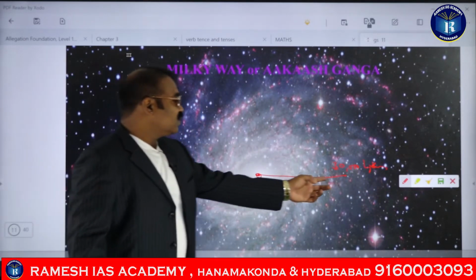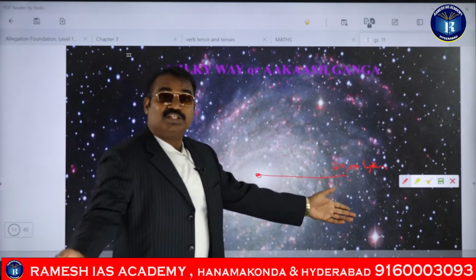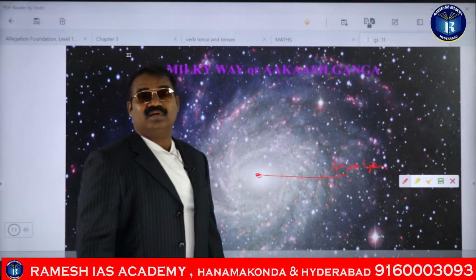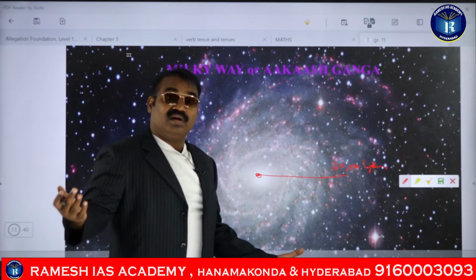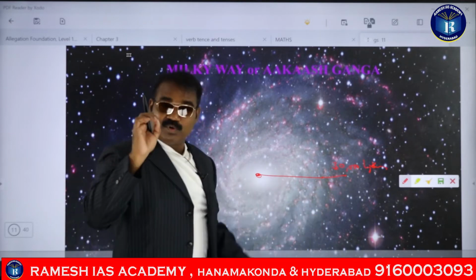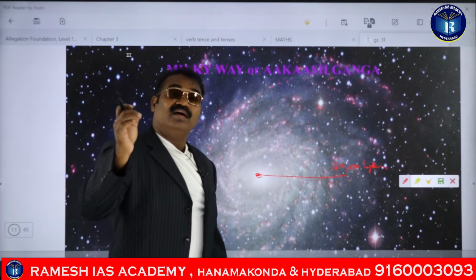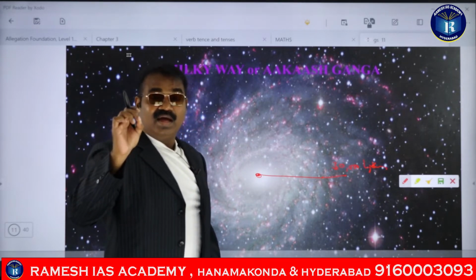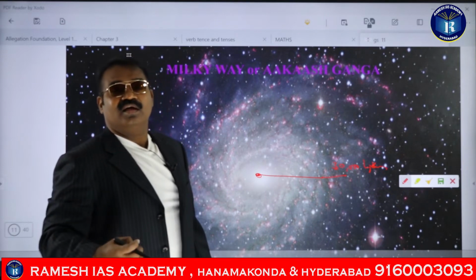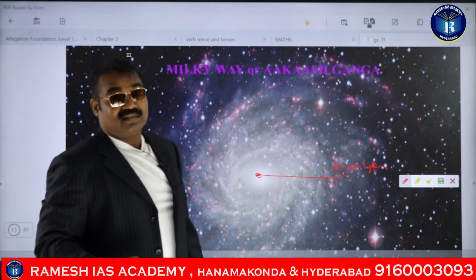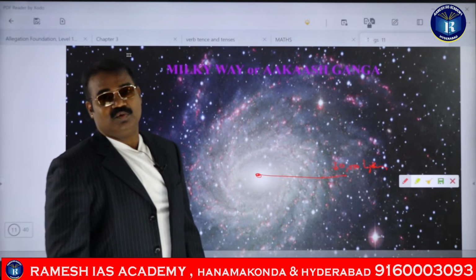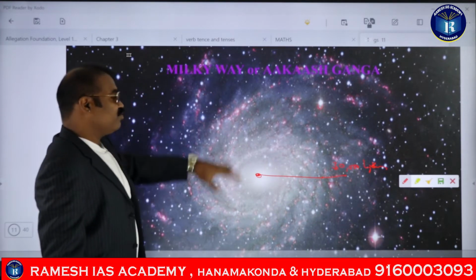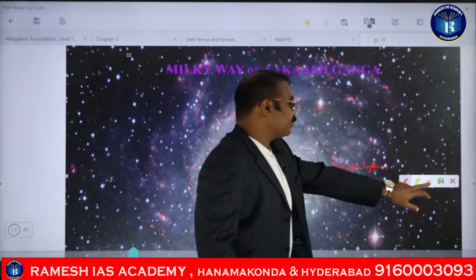So the sun may be a small dot which is not visible in our galaxy, and nearer to that sun the earth is much smaller, and on the earth we are nowhere, guys, and we think that we are everything in this universe. This is the picture of our galaxy, guys.